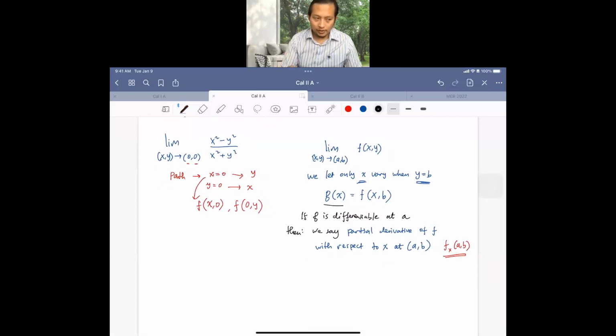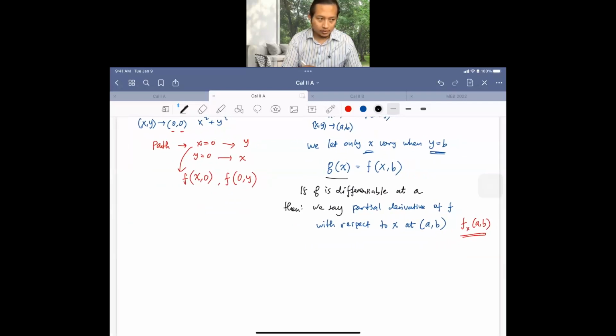And then we can write in general the partial derivative with respect to x is, where g(x) is f(x, b).